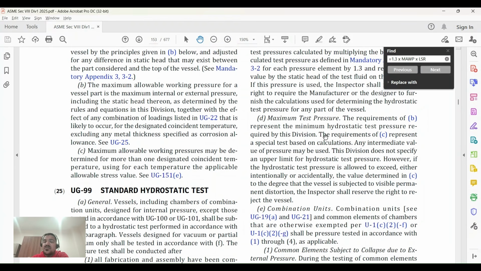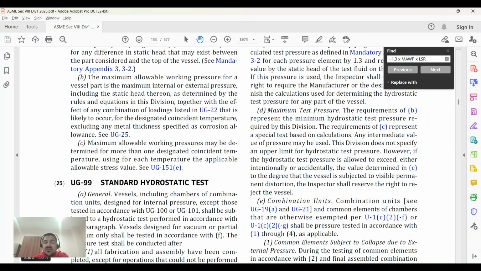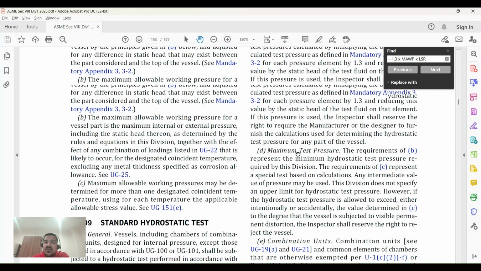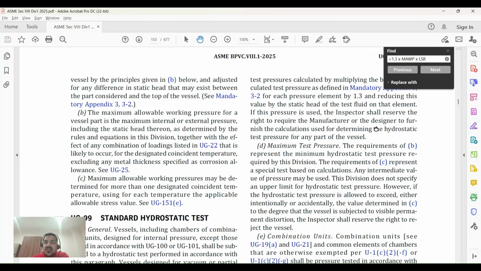So the requirement of C represents a special test based on the calculation. So you're not doing any calculation as a lump sum, like 1.3 times MAWP by LSR. For example, you're not having constant thickness across the vessel. Say, for example, if you are having a nozzle in between the shell body or dish and body, you are having a difference in thicknesses. So that is what is taken care of by using UG-99 C.